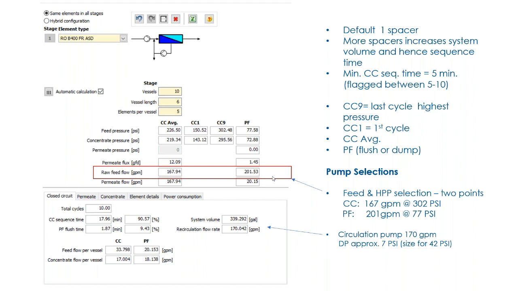And again, I'll get to that on the next slide. But for pump selections, you need to be aware of the two design inputs. So you've got the higher flow, but PF is at a much lower pressure. So it works out in the pump curve.